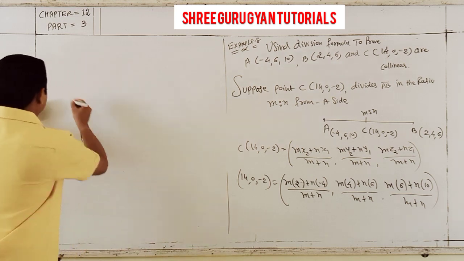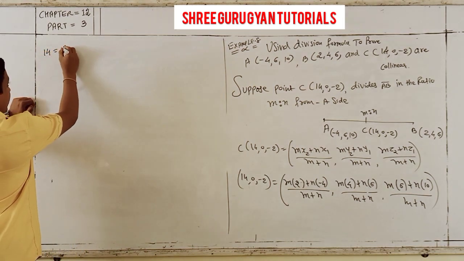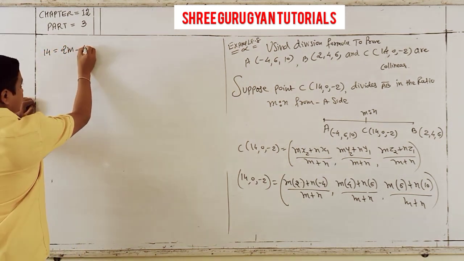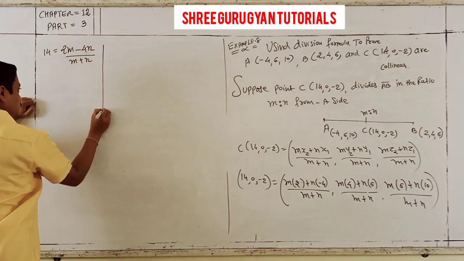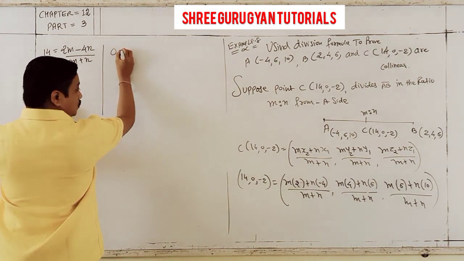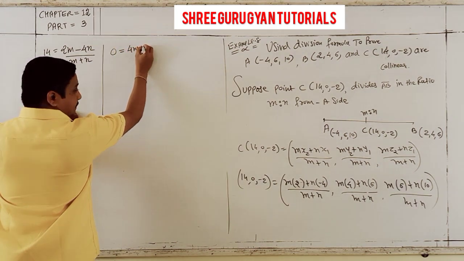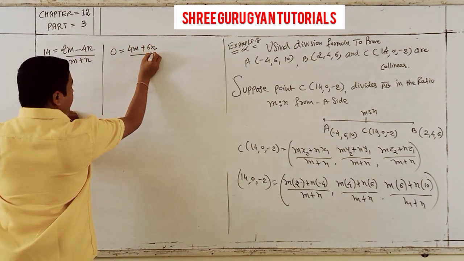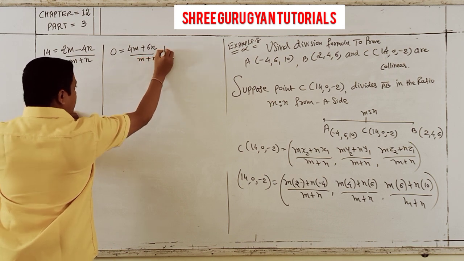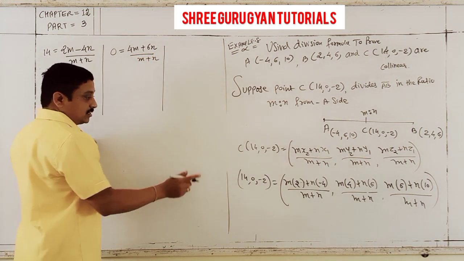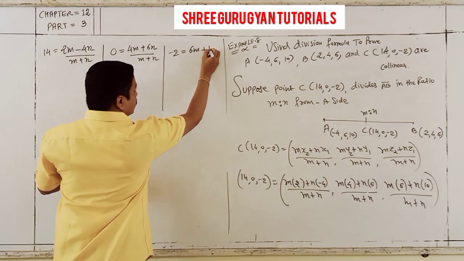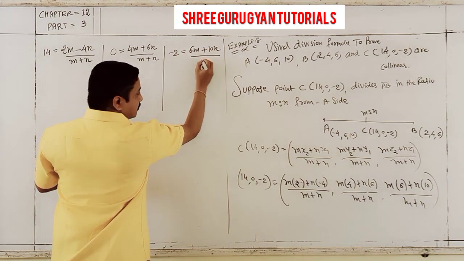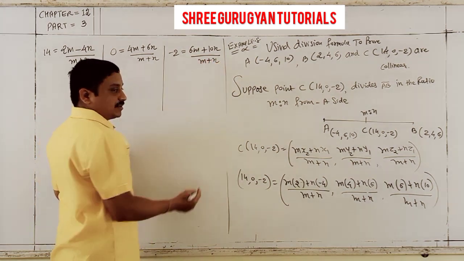So my answer is 14 equals (2m minus 4n) by m plus n. Similarly 0 equals (4m plus 6n) by m plus n, and thirdly minus 2 equals (6m plus 10n) by m plus n.